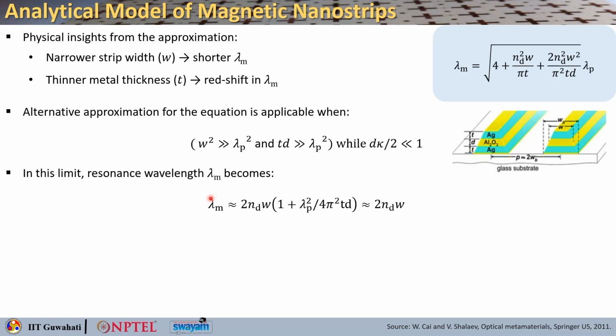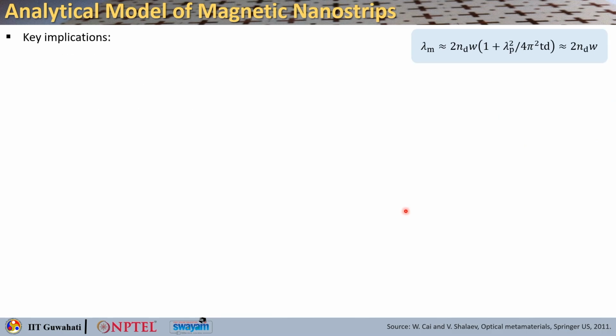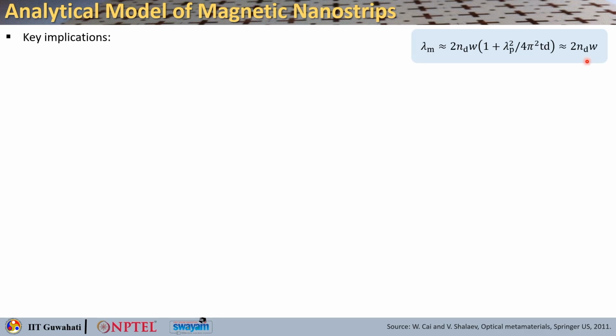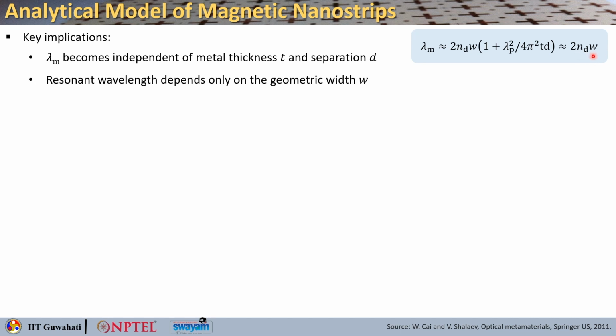So, in this particular limit, the resonance wavelength lambda m will become approximately equal to 2 n d W times 1 plus lambda p square by 4 pi square t d, which can be approximated as only 2 n d W, because this is also small, right. So, in this kind of approximation, the resonant wavelength is basically independent of the thickness T and the separation d, and it depends only on the geometric parameter W.